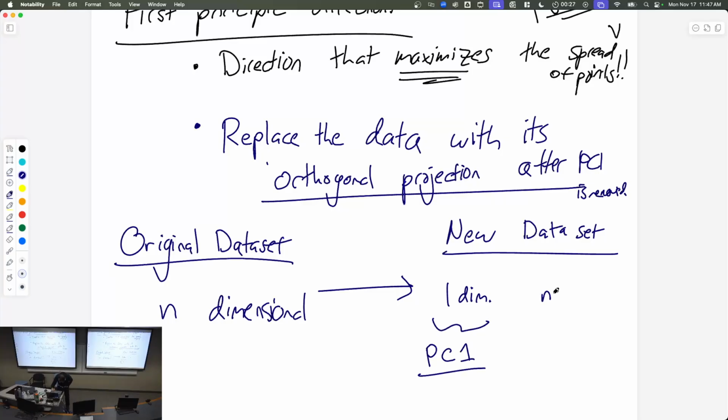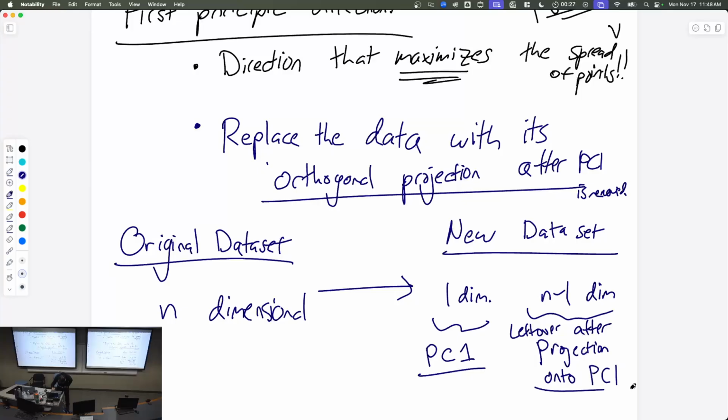And then we're going to have n minus 1 dimensions, which is what you get, which is perpendicular. What is left over after the projection onto PC1. If you had a nice linear algebra class, you'll recognize this. This is a change of variables. There is a process called the Gram-Schmidt process that this is related to. This is also known as Gram-Schmidt.